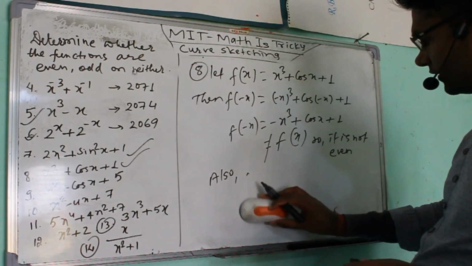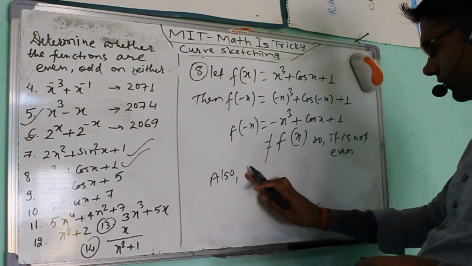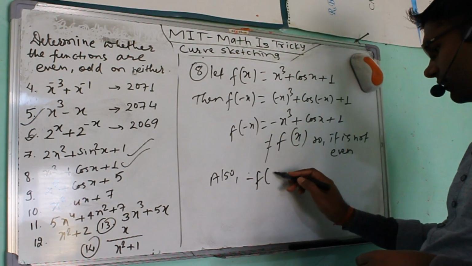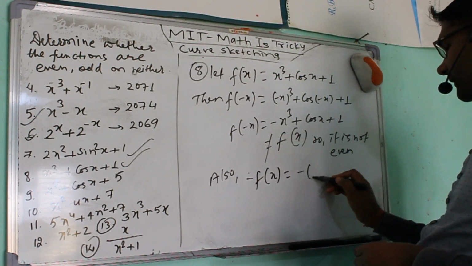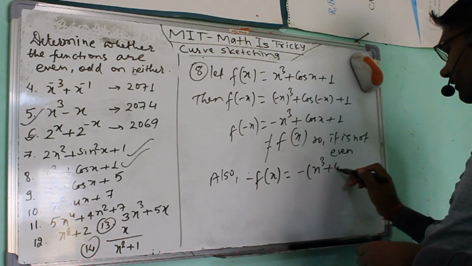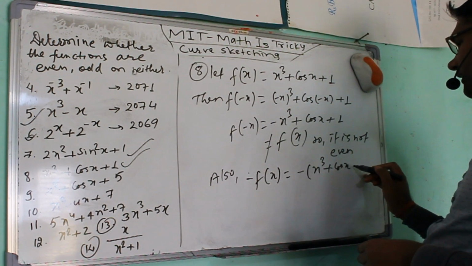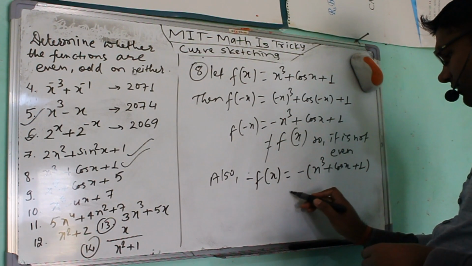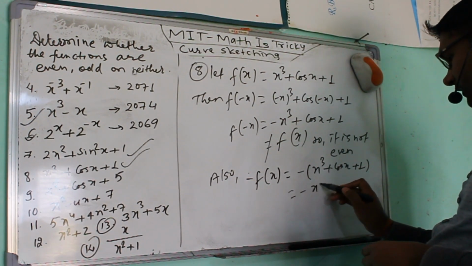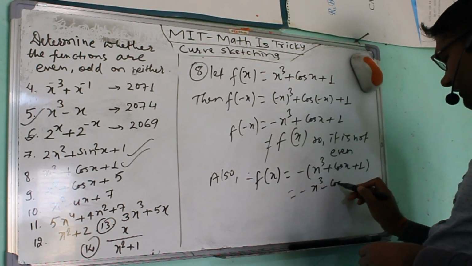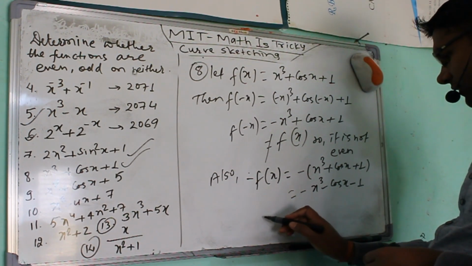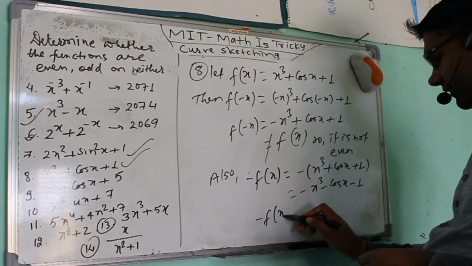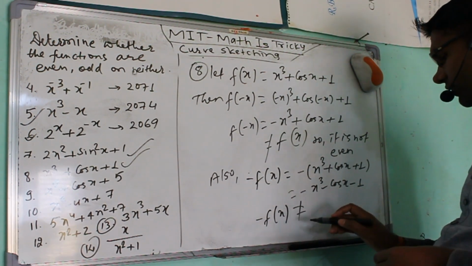Also find -f(x). So it will be simply -(x cubed plus cos x plus 1), which gives here -x cubed minus cos x minus 1, and this -f(x) is not equal to f(-x), as we can check.